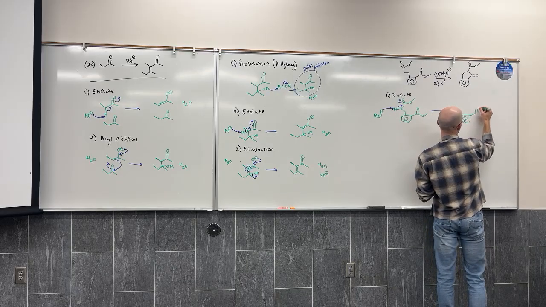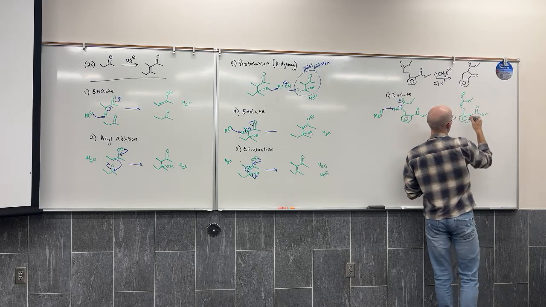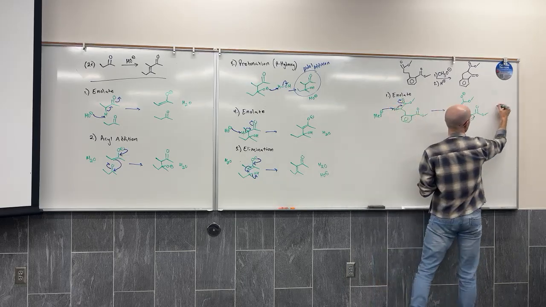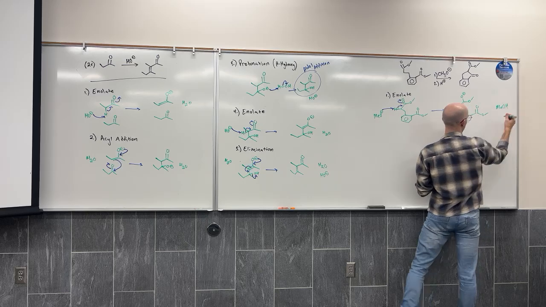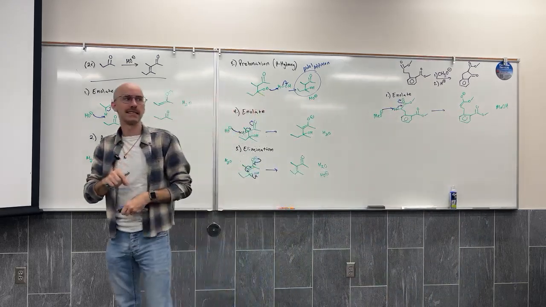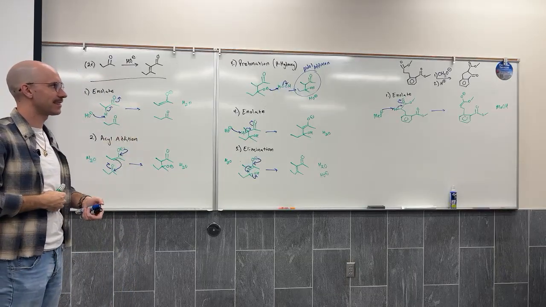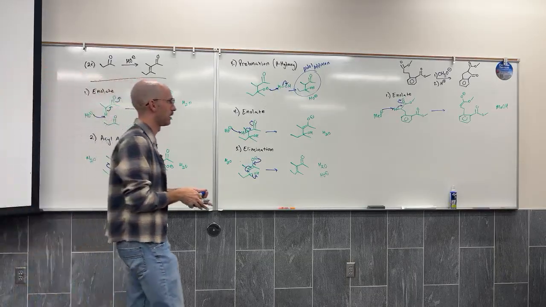It just happens that this time the enolate is an ester enolate. This gives me a molecule of methanol. That molecule of methanol is the molecule of methanol that gets condensed out of this reaction.